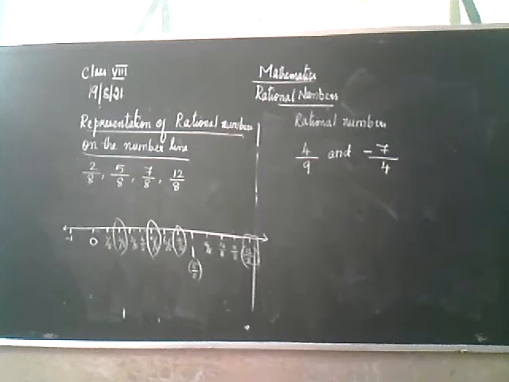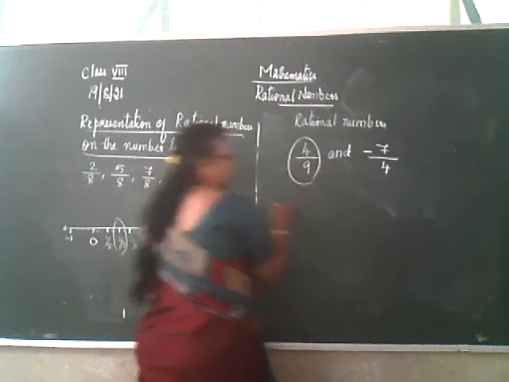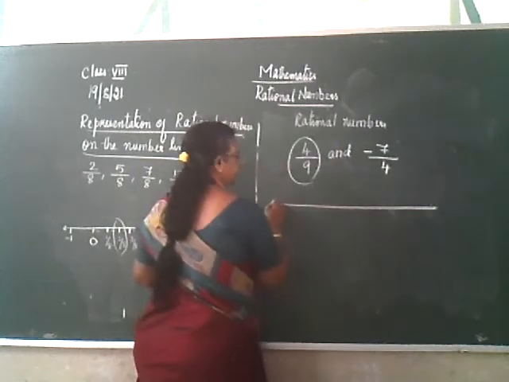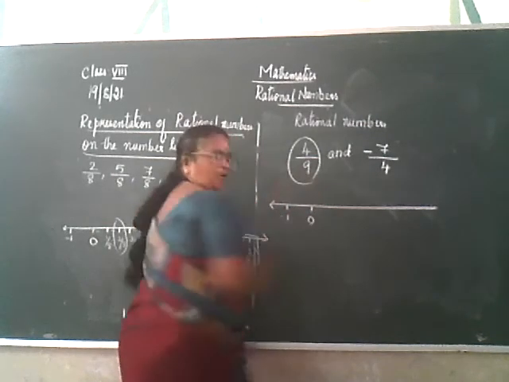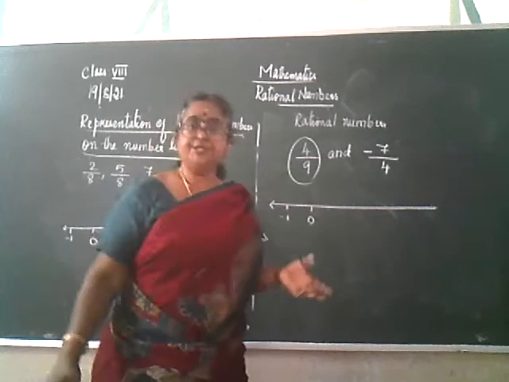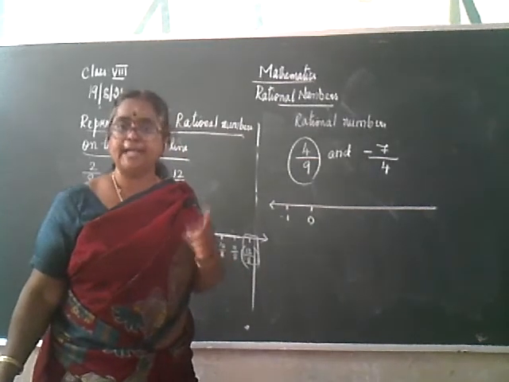Okay. So now, in the first case, the number line is on the positive side, isn't it? So 0. See the denominator. It should be divided equally into 9 parts.